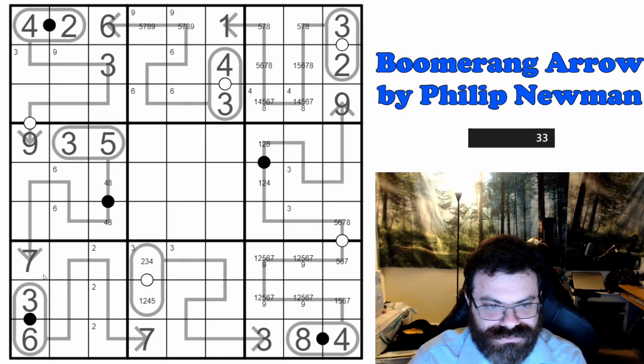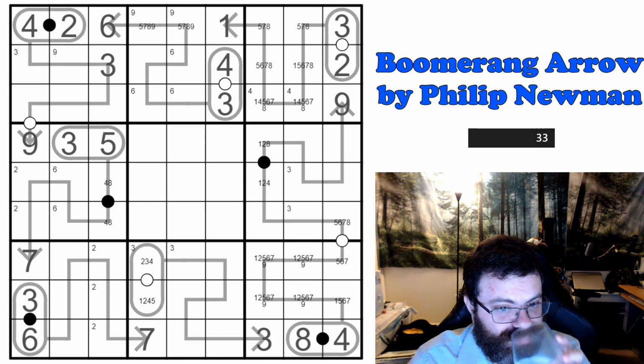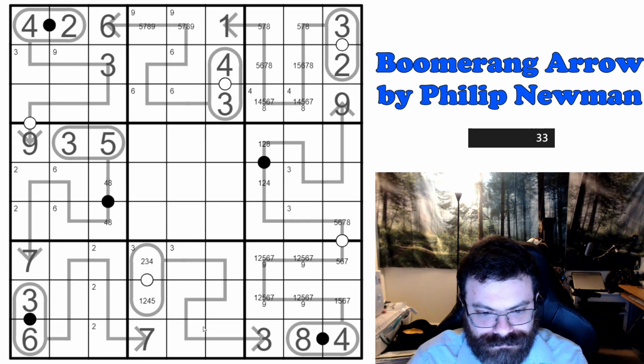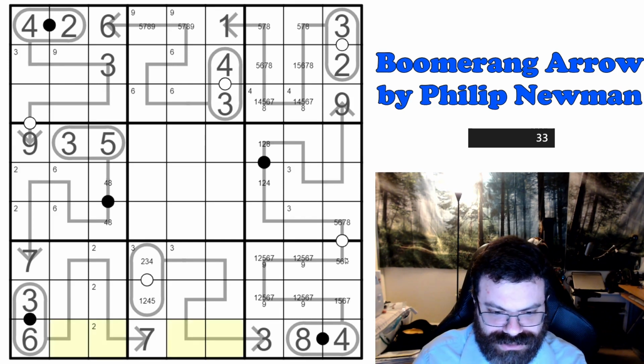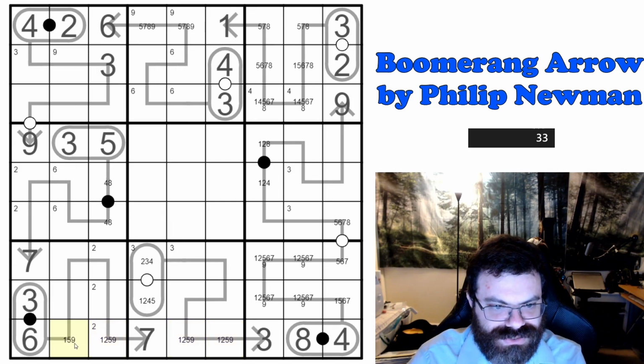What else can we do? Well, we know that 2 is going to be one of these two. There's 4 digits left here. We need a 1, 2, 5, and 9, looks like. This can't be 2. This can't be 5. This can't be 1.